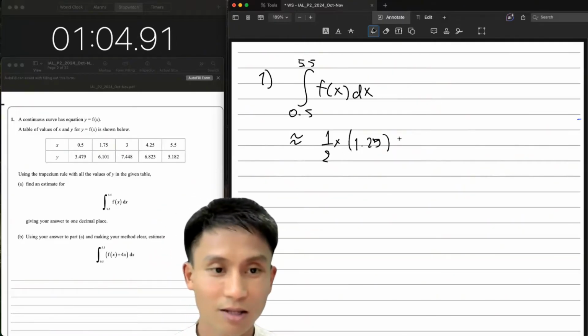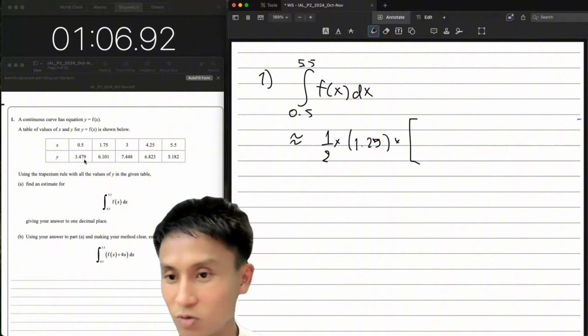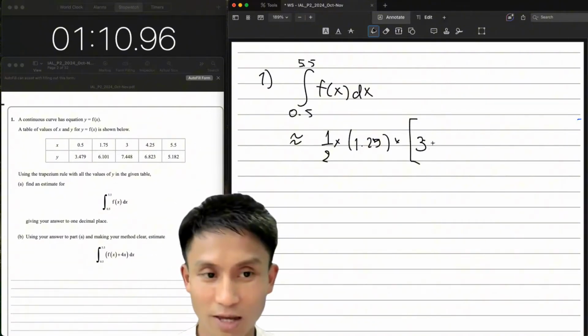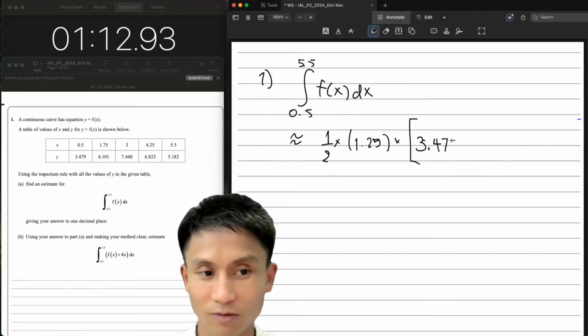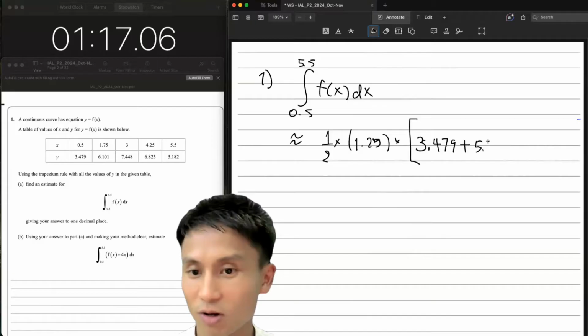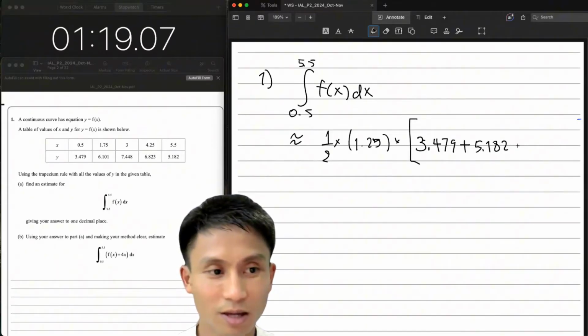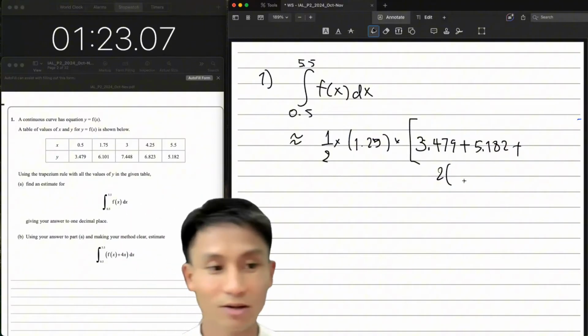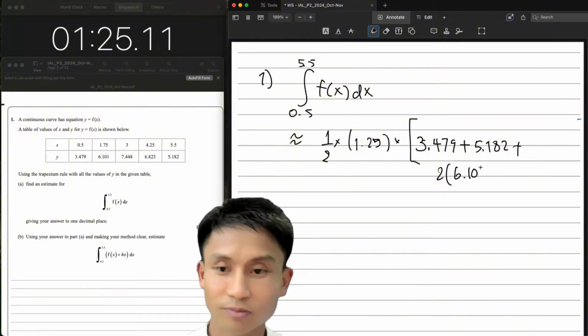And then in the large brackets here, we're just going to do the first one plus the last one. So the first y, 3.479, plus the last y, which is 5.182. And then plus all the other ones will be multiplied all together by 2.